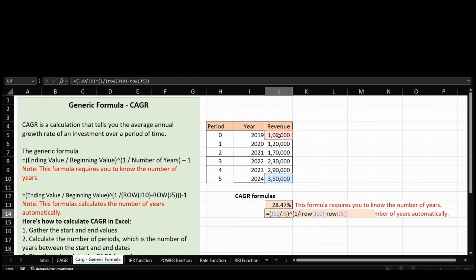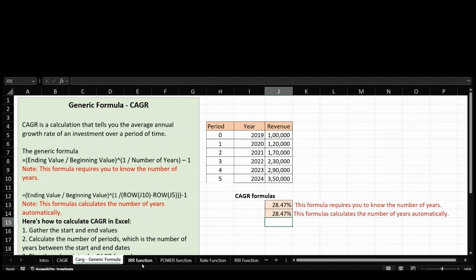Now we'll close the bracket, minus 1. So see, we got the same answer. In the first formula we have to enter the number of years. We should know the number of years and enter it. And in this formula we calculate the number of years automatically by entering the cell reference. So this is how we calculate CAGR using the generic formula.